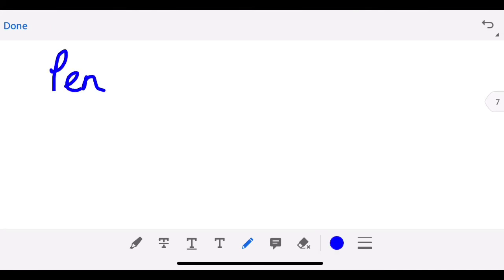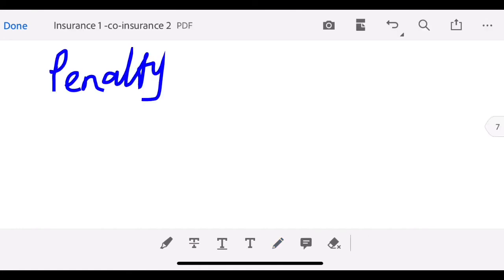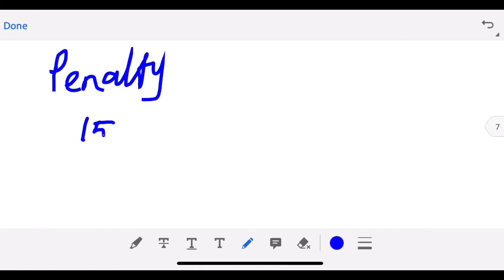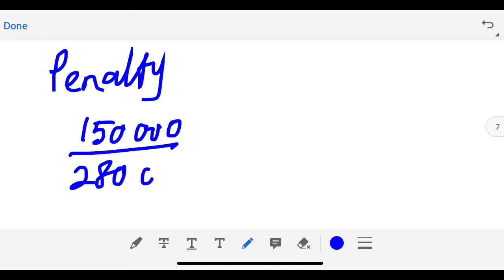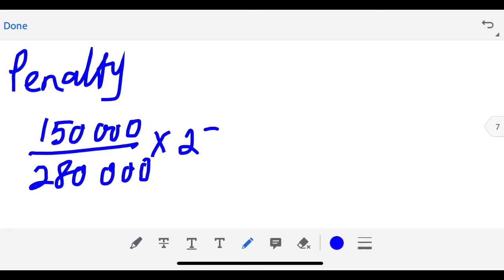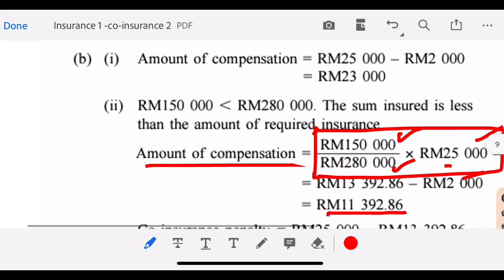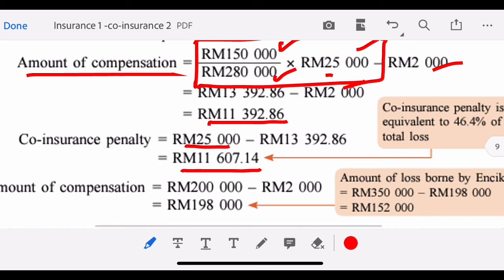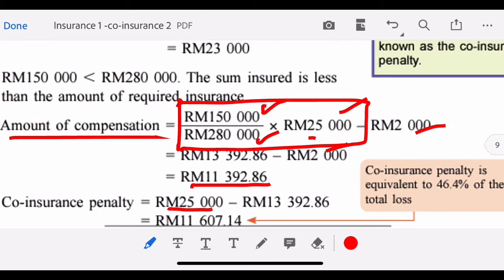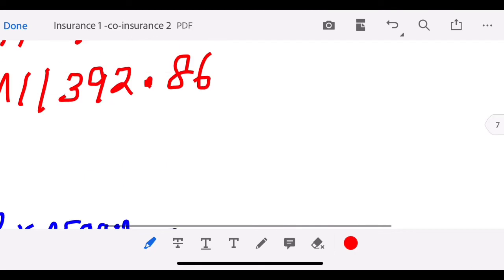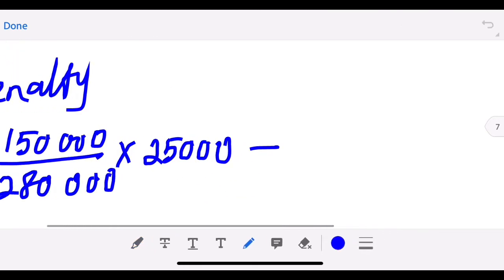We are calculating the penalty. We will take 150,000 over 280,000, and times with the loss 25,000, and calculate this value first.